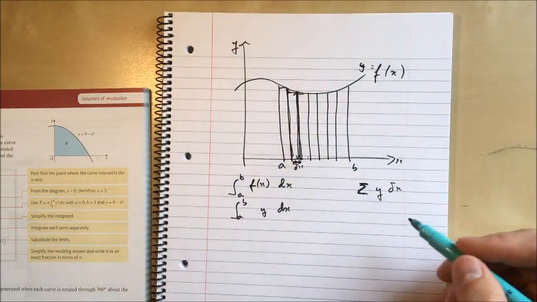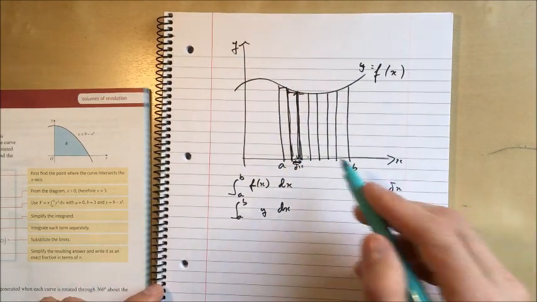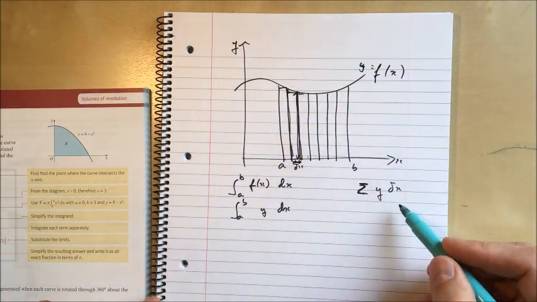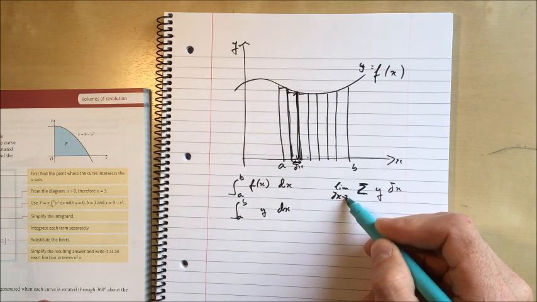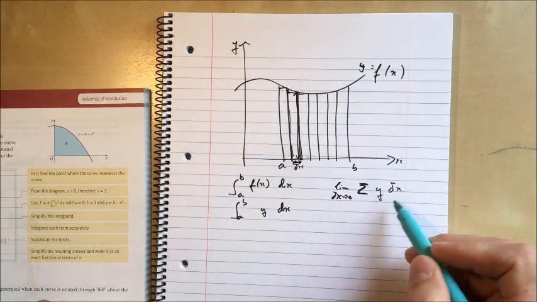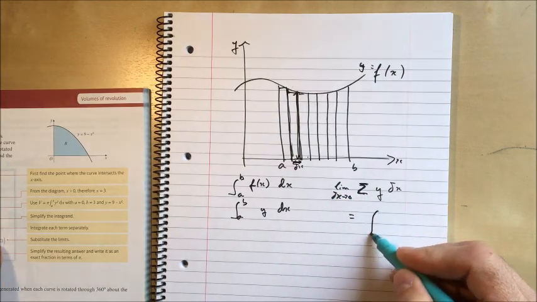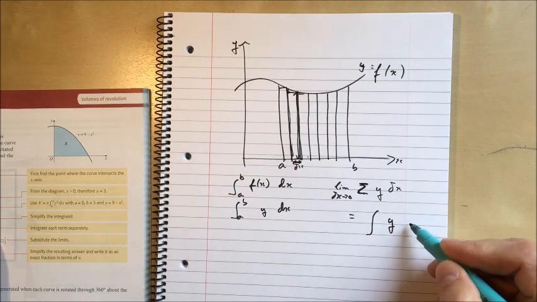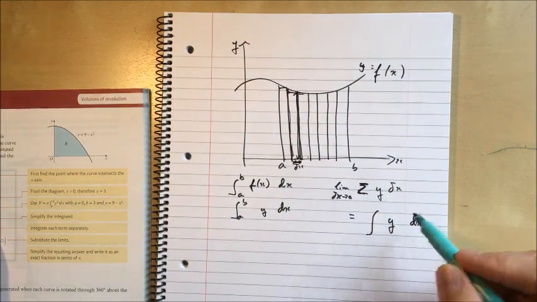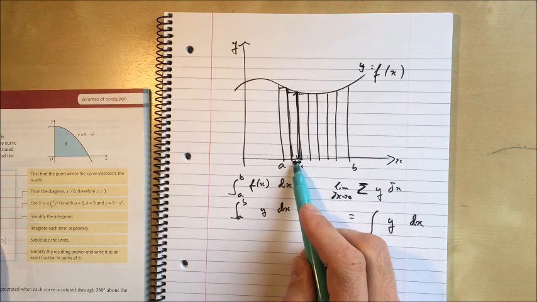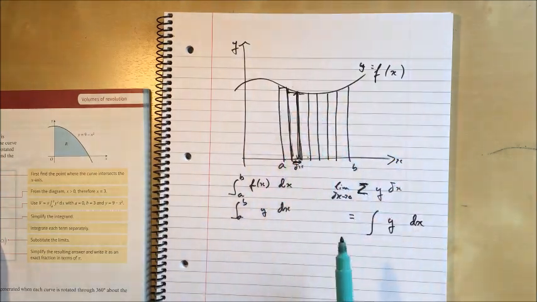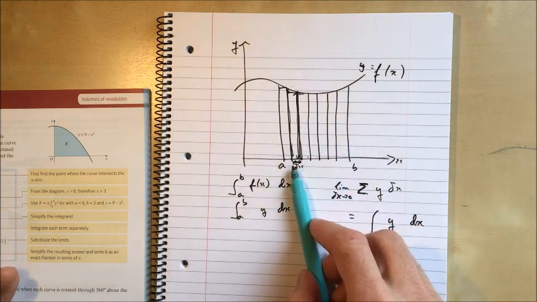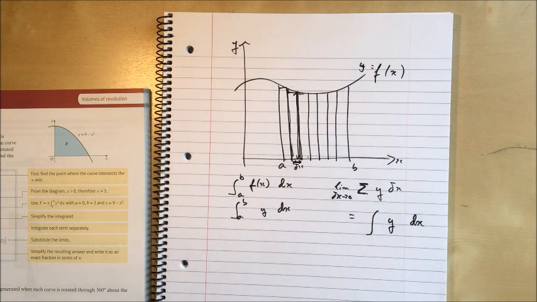Now, if we take all of those rectangles and we add them up, we get approximately this area under the curve. And then if I take the limit as delta x tends to 0, the total of all those rectangles becomes the integral of y with respect to x, doesn't it? If those delta x's get smaller and smaller and smaller, what I get is the area under the curve, and the limit as delta x tends to 0 is exactly the area under the curve, so it's the integral of y with respect to x.